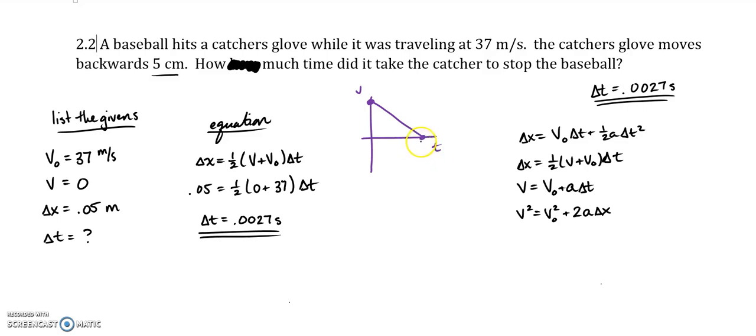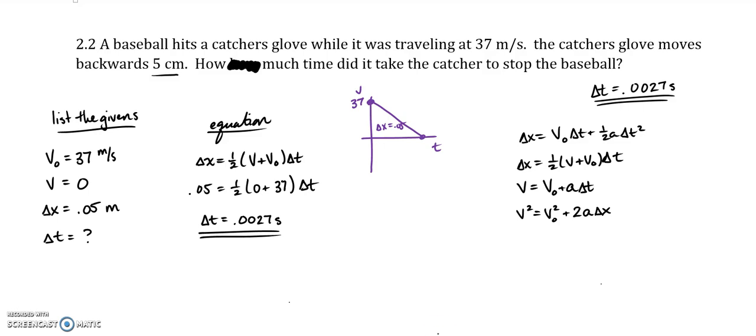We need to know what this time is. We know the displacement right here: delta x equals 0.05, and we know velocity goes from 37 down to 0. So we could calculate acceleration, and then knowing that, we could calculate time.